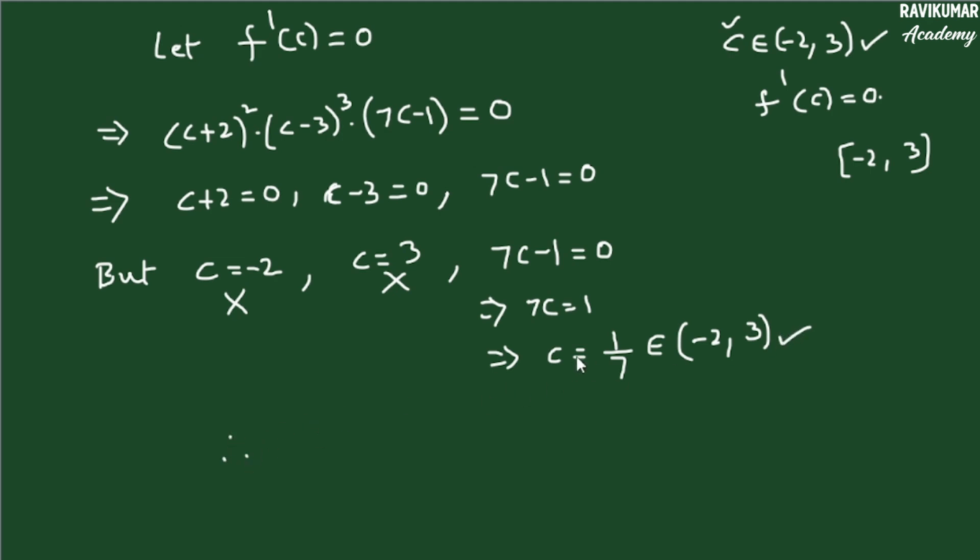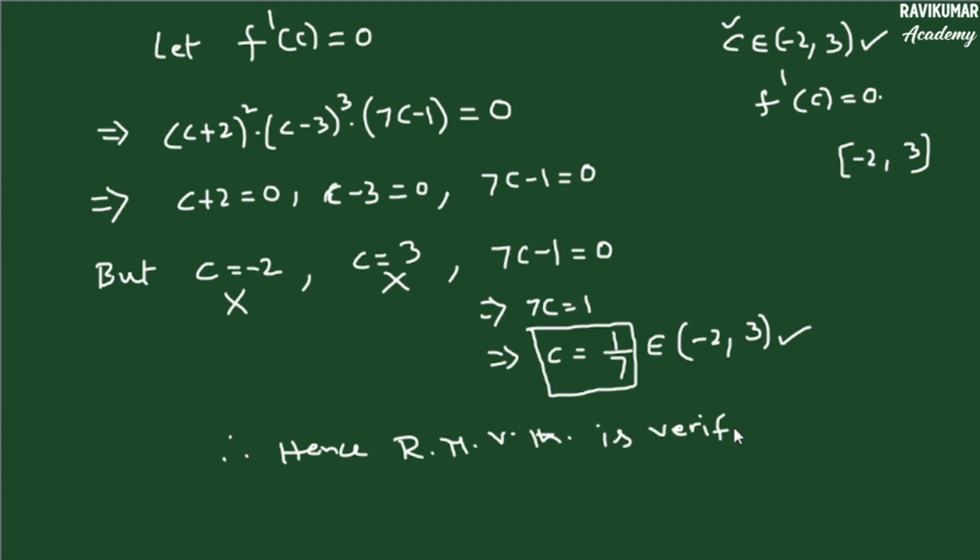Therefore, now we are able to find such a c. Our aim is achieved, our goal is achieved. Hence, Rolle's mean value theorem is verified for this function.